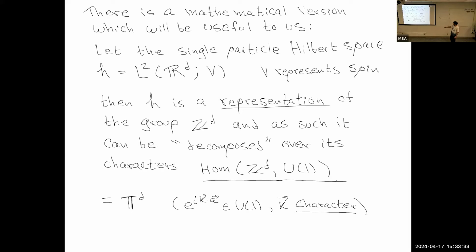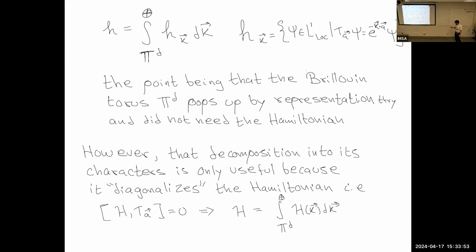So the characters are functions that go from your group to U(1), and they respect the group law. And so here we always get e^{ik·a}. This lives in U(1), so k is really representing a character. This is well known. Okay. And so you can decompose your Hilbert space, and probably many of you have never seen this. Huh? Yeah. Okay. So this is a direct integral, exactly.